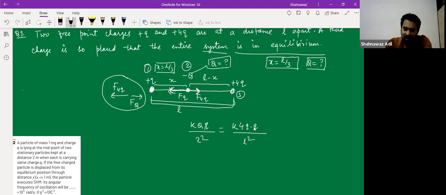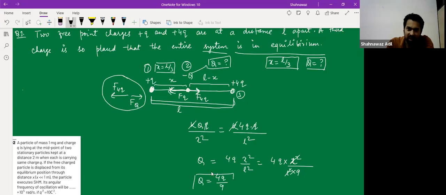So this cancels, and this cancels, and Q would be 4Q and X squared by L squared, right? So we know the value of X, which is L by 3, so 4Q and X squared, L squared by 9 into L squared. Right, so Q would be 4Q by 9.